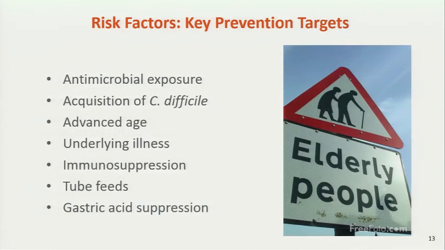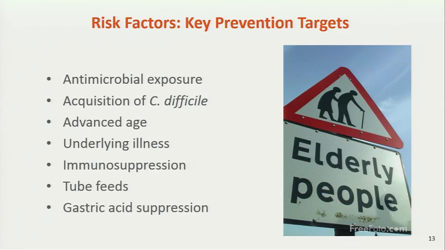There are some key risk factors according to the literature and what we're seeing out there for you to target in your prevention. Antimicrobial exposure being a big one. Acquisition of C. difficile, so that contaminated hands, contaminated equipment, and so forth. Advanced age, can't really do anything about that. We're all getting old. Underlying illness, which again makes our elderly more vulnerable.